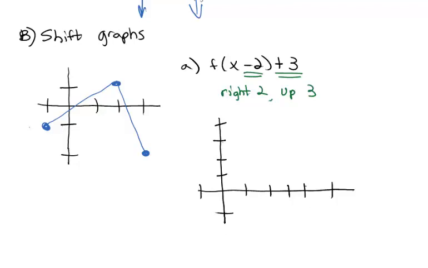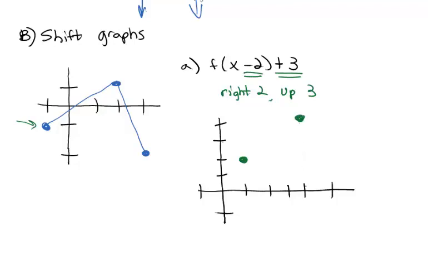So this first point over here at -1, -1 is going to go right 2, up 3 to get our new first point. Then we take the graph point at 2, 1 and move it right 2, up 3 to get our new point.